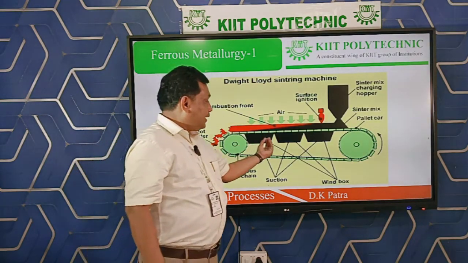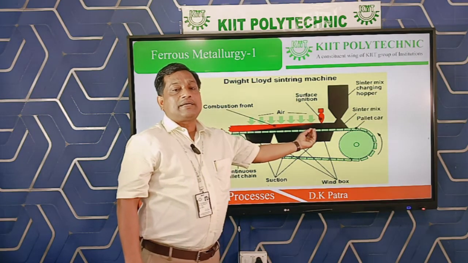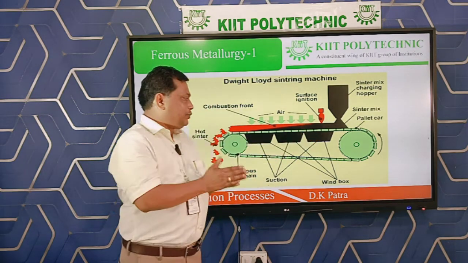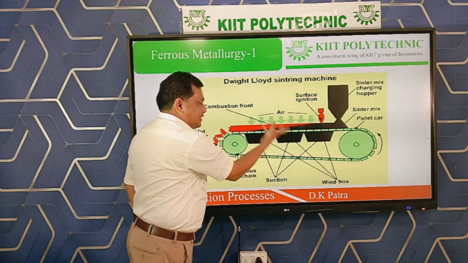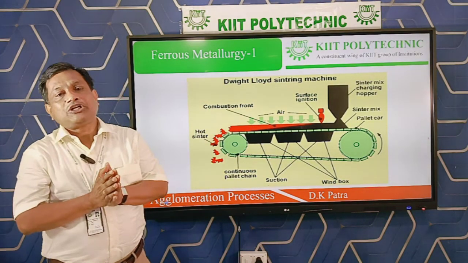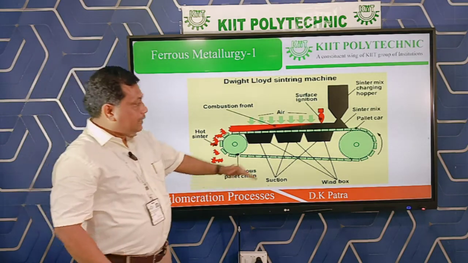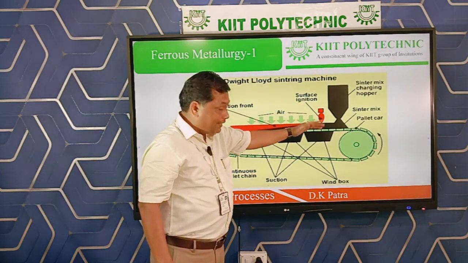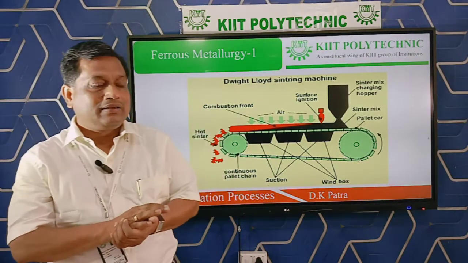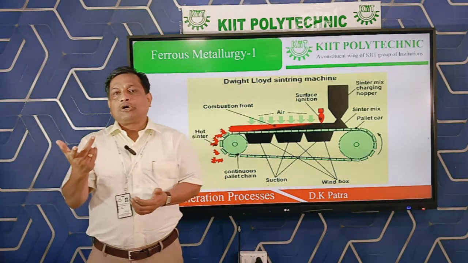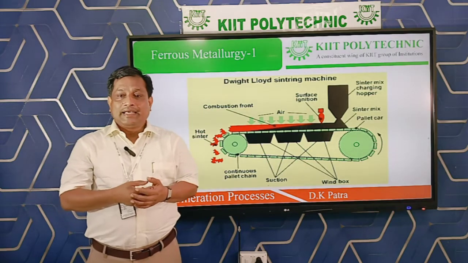Here actually some air suction chambers are there. What we are doing is sucking air through these chambers with the help of a turbo blower. So what will happen? In our day-to-day life, we have seen some people smoking cigarettes.